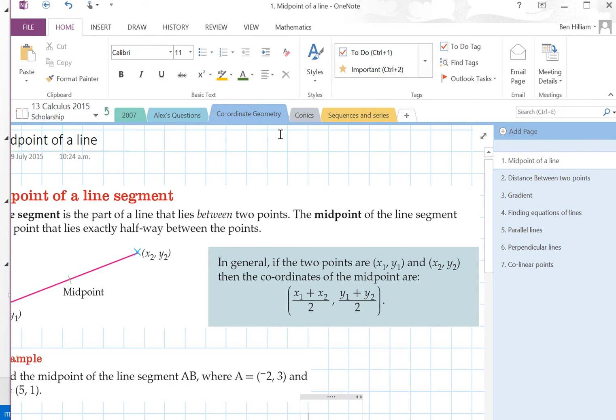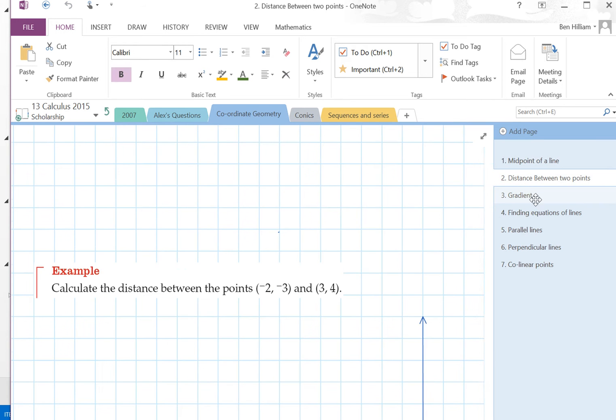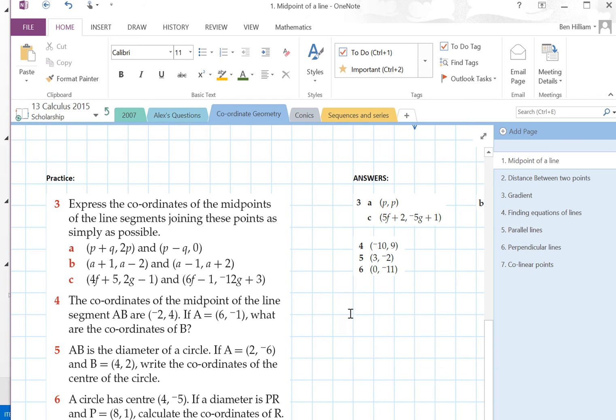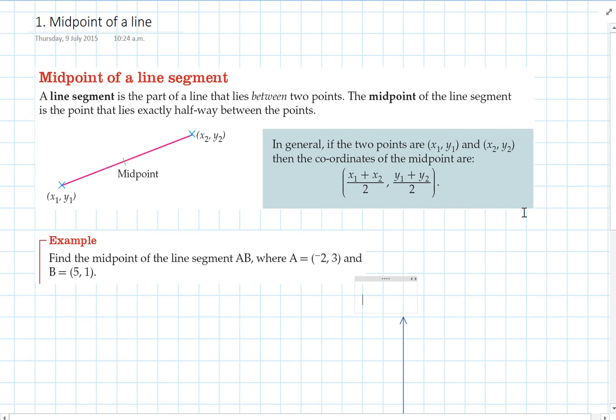And so you'll see up here there's a tab coordinate geometry, and what I'd like you to do is go through each of these examples, and you'll see at the end of each page is the work that I'd like you to do along with the answers, and that way we just get through all the material that's left out because of the nature of the course, and it makes you far better prepared for when you get to scholarship. So the first thing that we're looking at is the midpoint of a line segment.